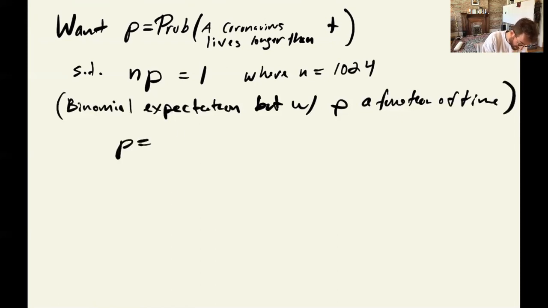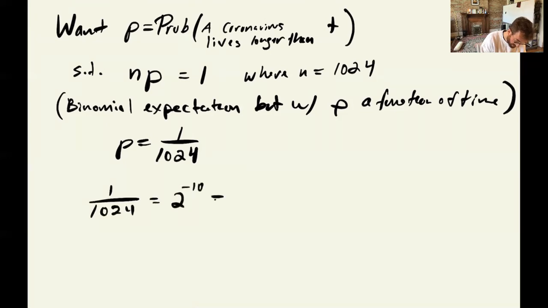All right, well, luckily we can just now solve this. We want the probability of an individual coronavirus surviving to be 1 over 1,024, because then when I multiply this across the 1,024, the expectation will be that only one has survived. So now I just need to plug this in. I now have 1 over 1024, which is the same thing as 2 to the minus 10th.